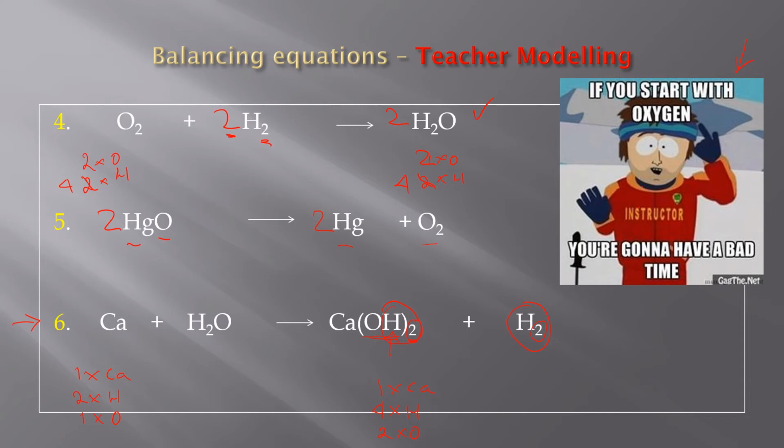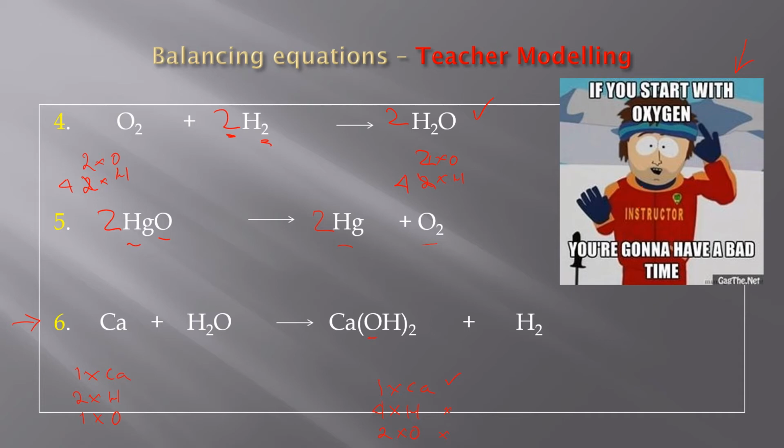So, how are we going to balance this guy? Now, my calciums are fine, my oxygens are not, and my hydrogens are not. Okay, so I'm going to have to equal this somehow. The only way to affect the oxygens on the product side is that one there.